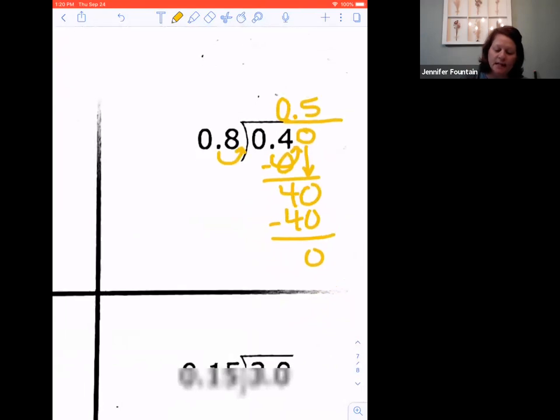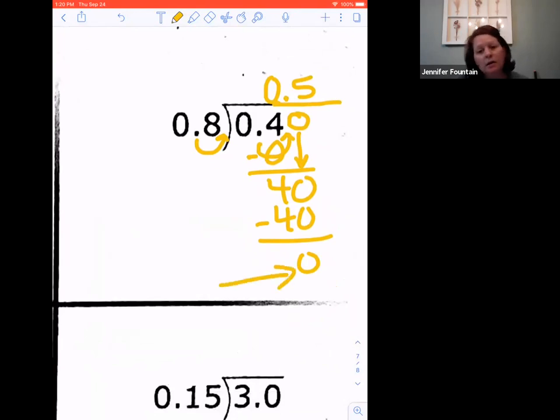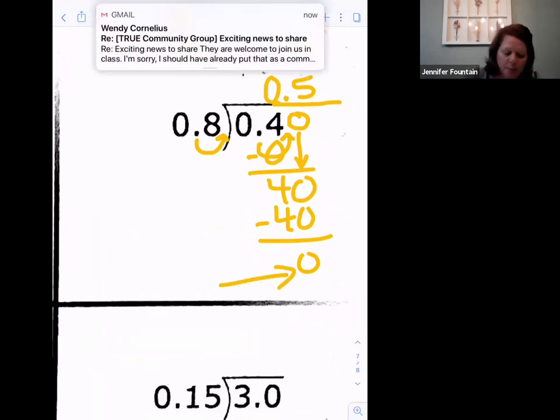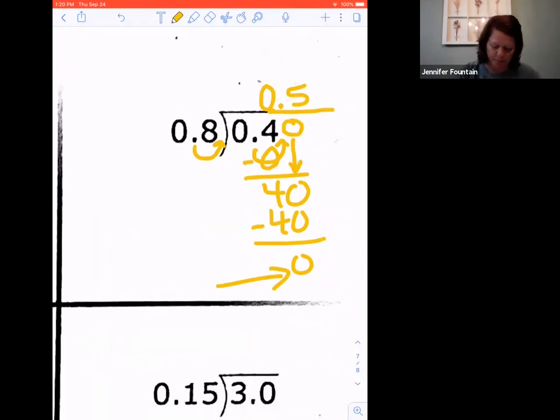So with decimals, as long as you haven't ended up with a 0 as your part to compare, I have to keep adding zeros in my dividend until I finish dividing the problem, or until I see a repeating pattern going on.